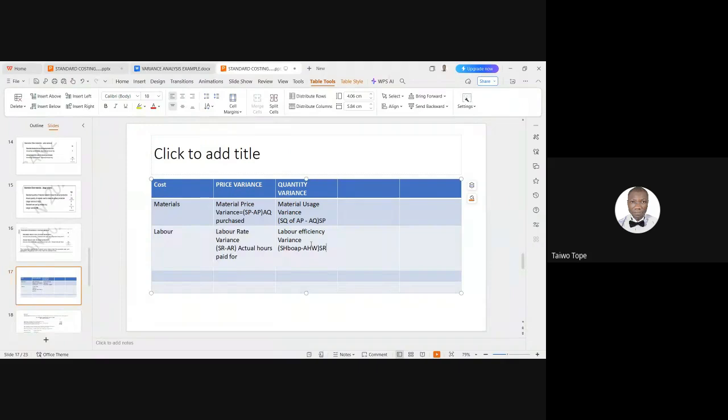These things are not difficult. When you pick your book and write this formula like 5 to 10 times, you will get used to it. It's what I've done before, and I'm saying it again. When you write the formula for material price variance, you might think you are doing child's play. When you write it over and over again, it will become part of you. When you write the formula for material usage variance like 10 times, you think you are doing nursery work.